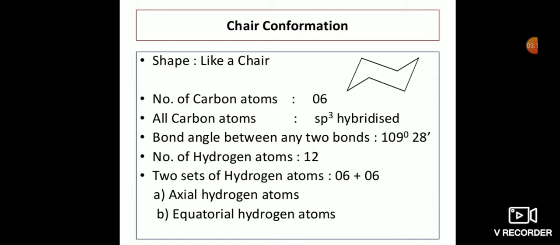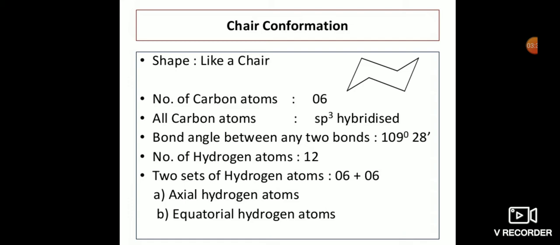Bond angle between two bonds is nearer to that. Number of hydrogen atoms is 12, in two sets of hydrogen atoms, 6 plus 6. Six are of axial type and 6 are of equatorial type.